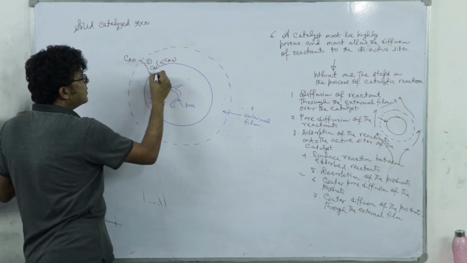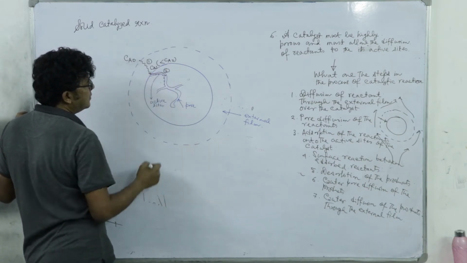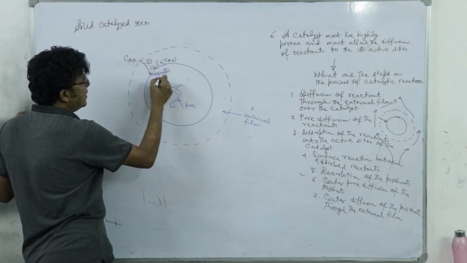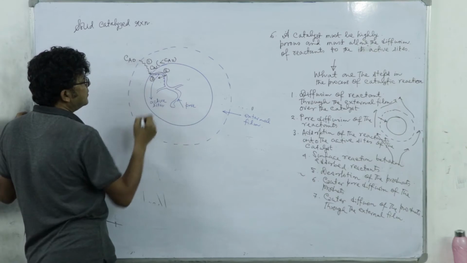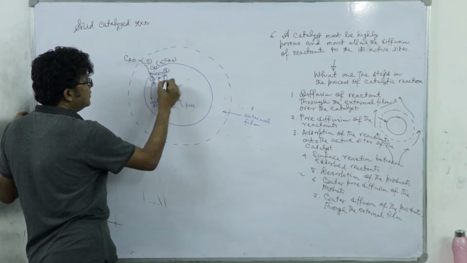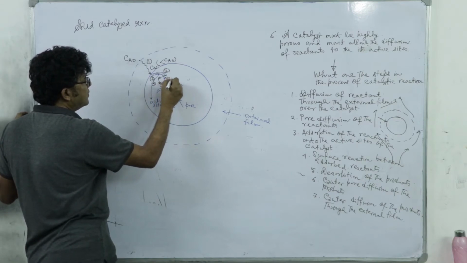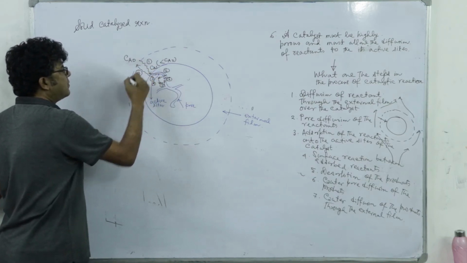Next, it diffuses through the pores. Next, it's adsorbed onto the pore, process 3. Next, the surface reaction takes place, process 4. Next is desorption, step 5, then counter pore diffusion is step 6, and counter bulk diffusion is step 7.